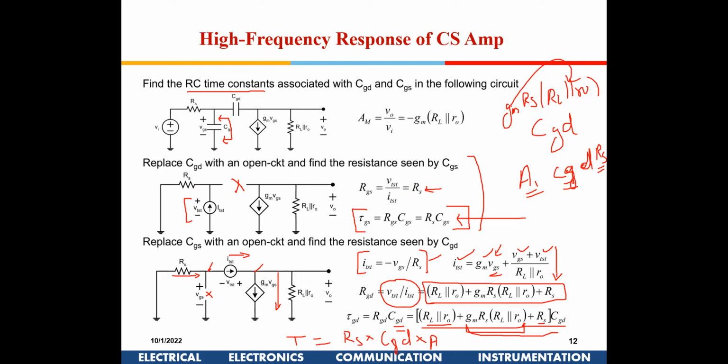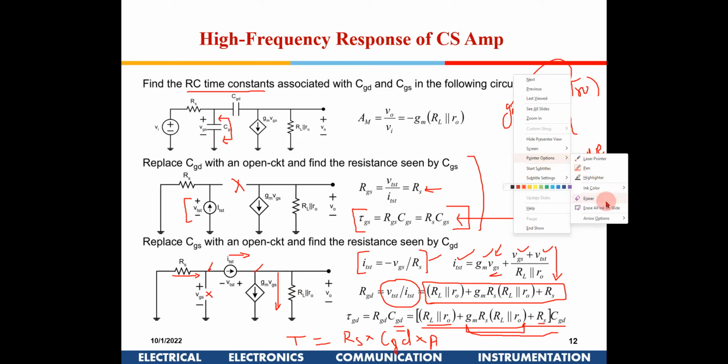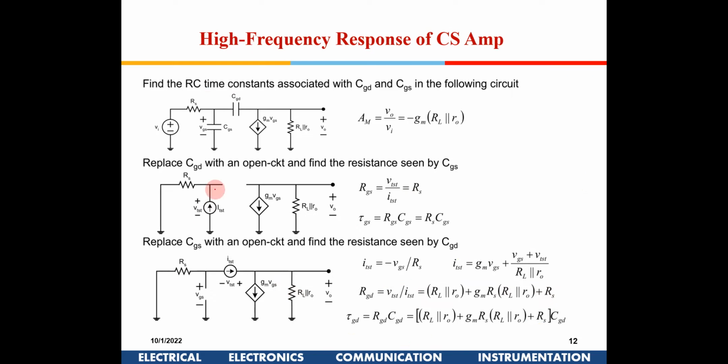Yeah. Can you explain RGD again? Yeah, sure. Okay, so let's start. There are two capacitances out here. First, we are trying to find out what is the resistance as seen by CGS. So we are going to put a voltage source here and a current going here as V test and I test, and we are going to open circuit this.